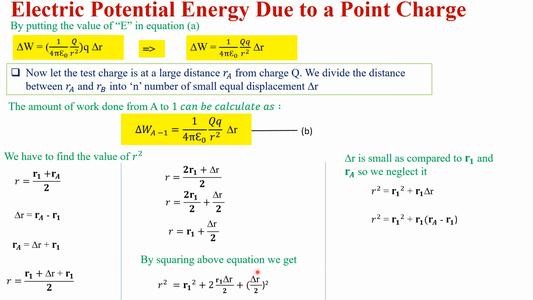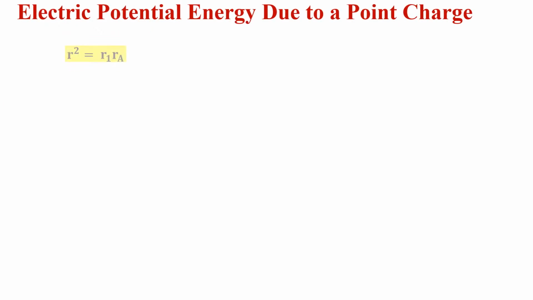R square is equal to R1 square plus R1 delta R. By putting the value of delta R, which is RA minus R1, we get R square is equal to R1 square plus R1 into RA minus R1. We get R square is equal to R1 into RA.